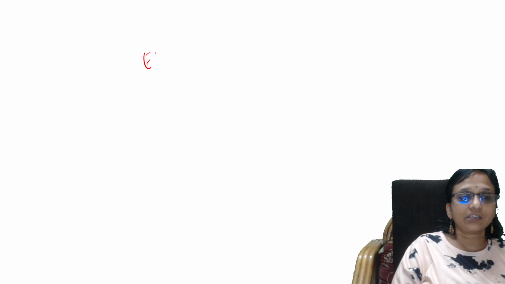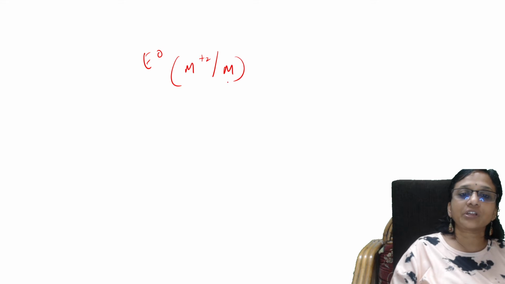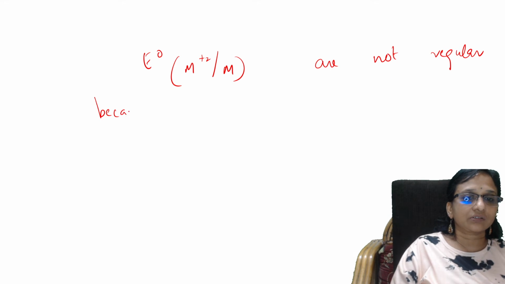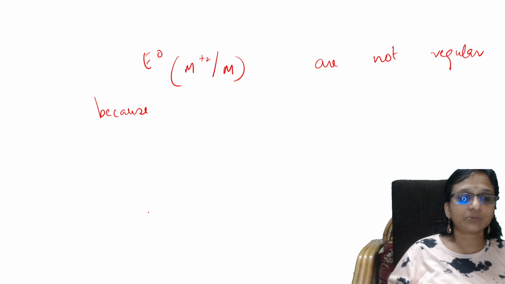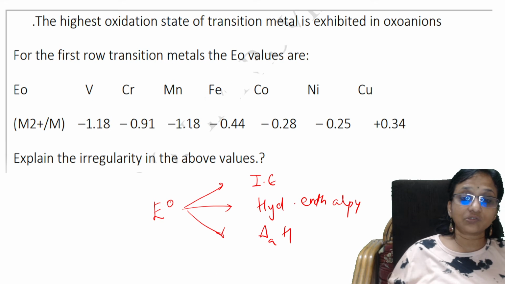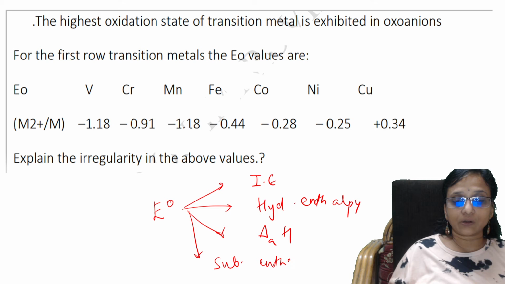I will write that E naught M plus 2 by M electrode potential values of these are not regular. What is the concept? Always talk in terms of ionization enthalpy. One more thing, sublimation enthalpy also works here.